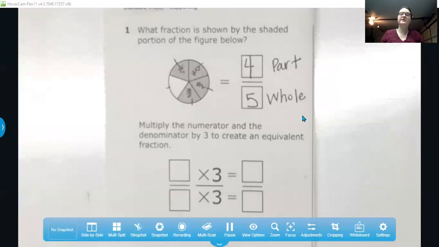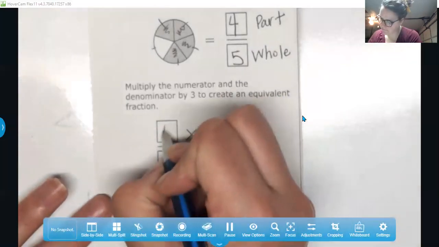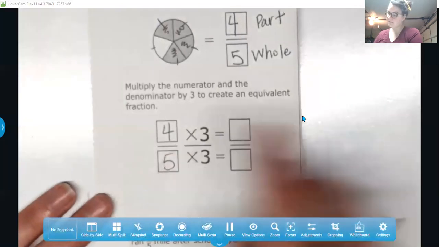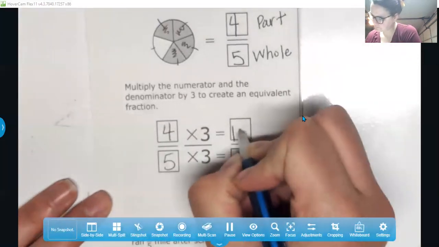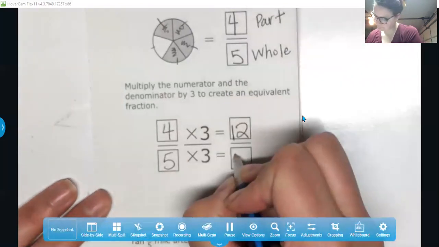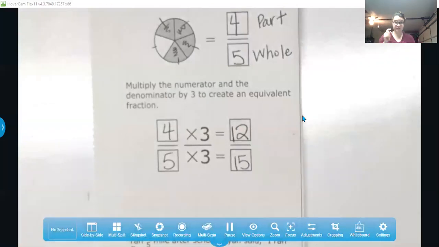It says multiply the numerator and the denominator by 3 to create an equivalent fraction. So I'm going to go with 4/5. 4 times 3, 5 times 3. And so our equivalent fraction is 12/15.